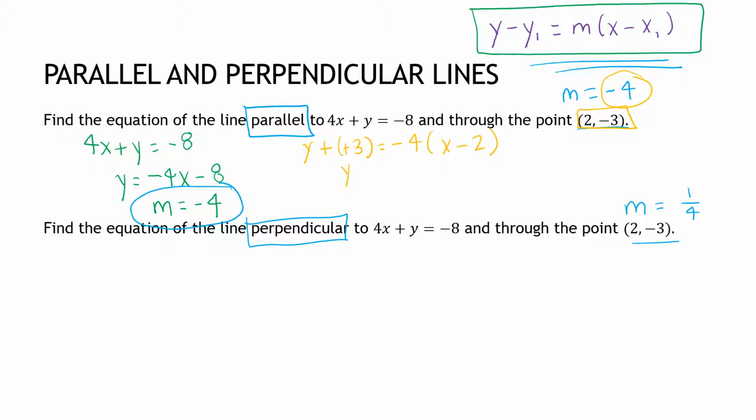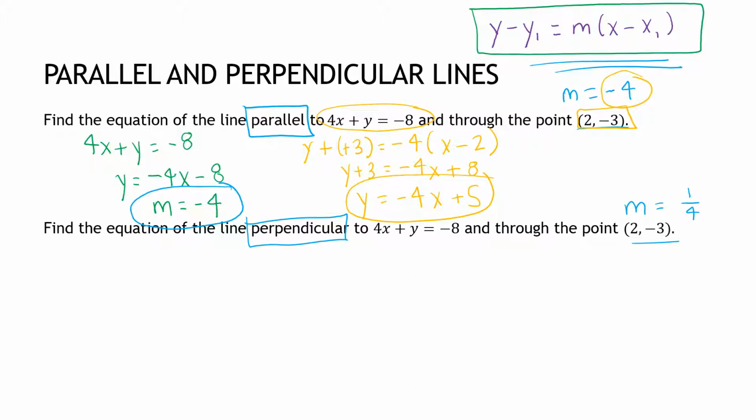And on the right side, I'm going to distribute the negative 4 to get negative 4x plus 8. Don't be fooled by those two negatives. And then I'm going to subtract 3 from each side to get negative 4x plus 5. So again, you can use your graphing utility to verify that this equation and this equation are in fact parallel.